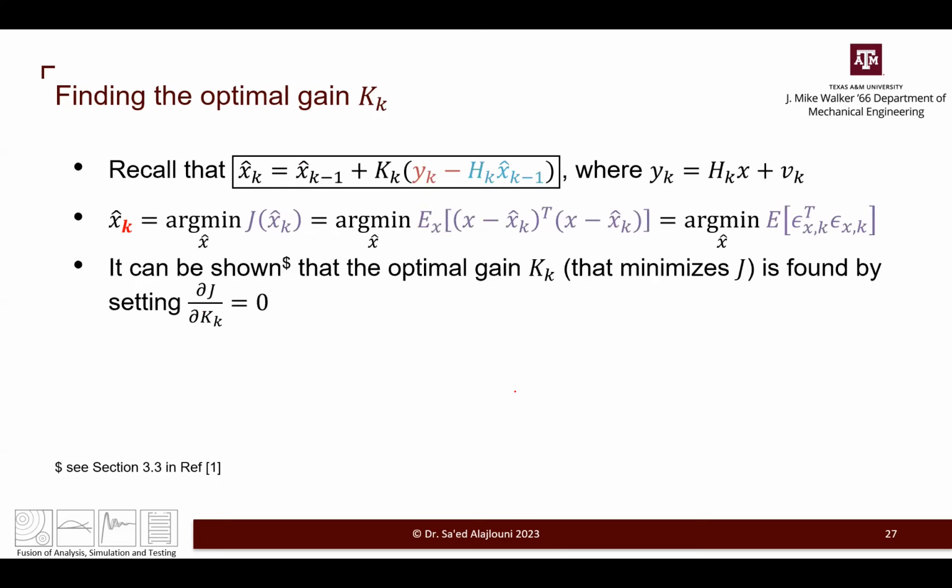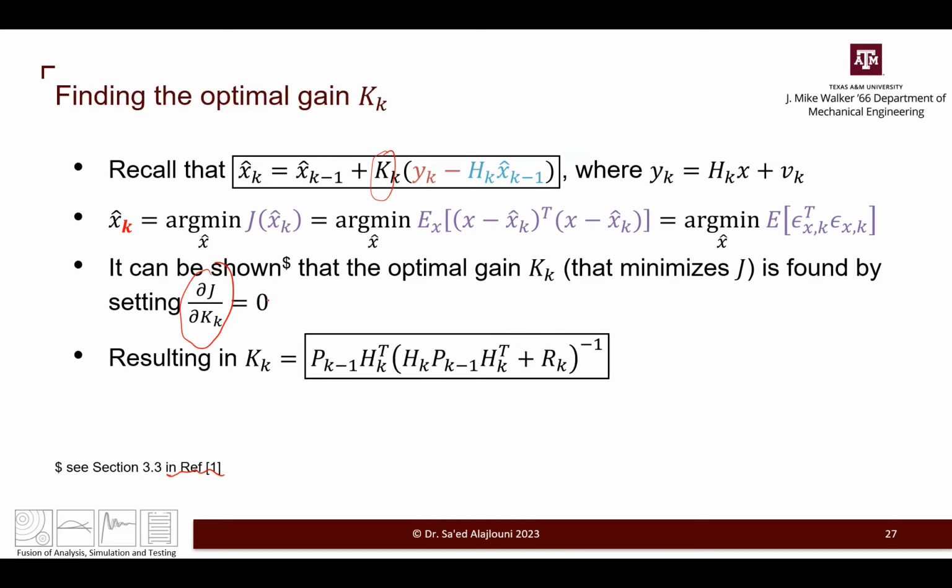It turns out, and again it can be shown, I'm giving you the reference, that minimizing the objective function can be achieved by minimizing with respect to K. This objective function as a function of K is a nice quadratic, convex function. We can take the derivative with respect to K and set it to 0, then solve for the optimal gain K, resulting in this expression for K.